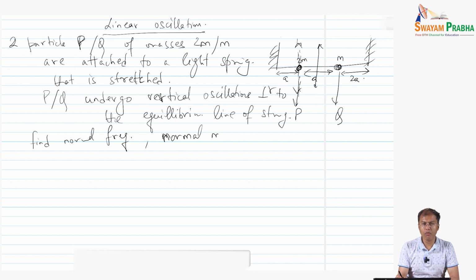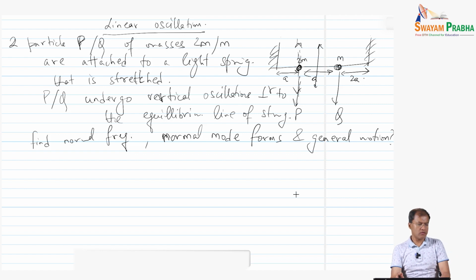Basically, what is the normal mode form? We are trying to find the solution, that is the x, and that is the displacement. So the normal mode forms and the general motion of the system. So that is what it is asking us to find.